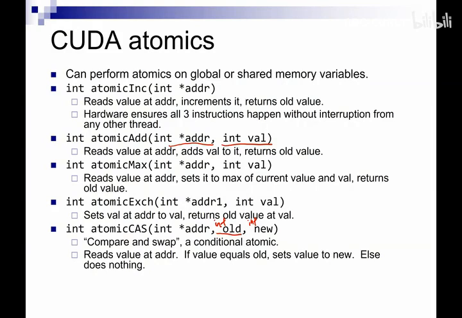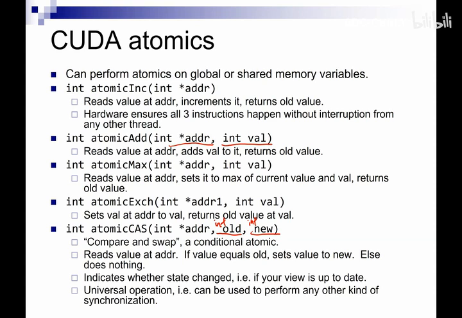If the current value equals old, then it's going to set the value to be the new value. But if the current value is not equal to old, then it won't do anything. It won't change the current value. So you get back the current value, and then you compare it to old, and if it's equal, you change it to new, and if it's not equal, you don't change it.